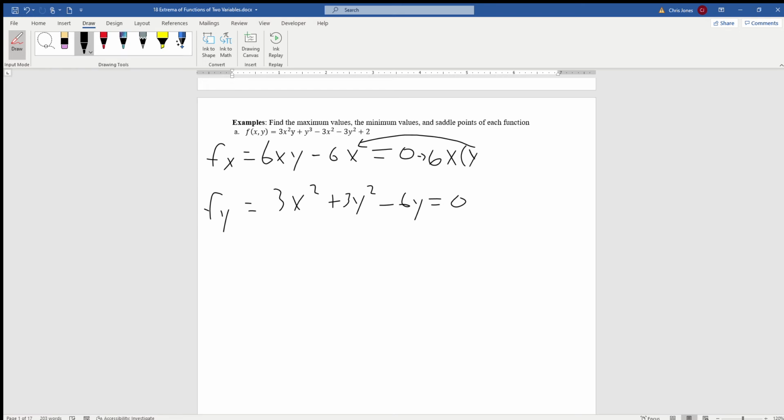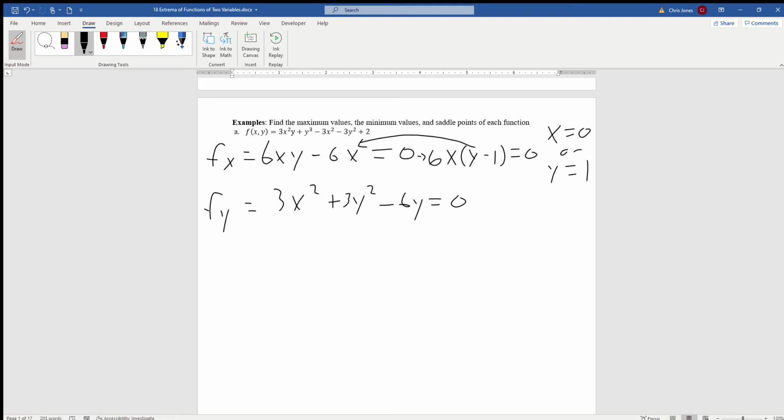That's going to leave us with y minus 1 equals 0. And so this is only true if x is 0 or if y is 1. Notice, not and. That's important. This is not one of the ordered pairs. It could be, but that doesn't mean that 0, 1 is one of the critical values.